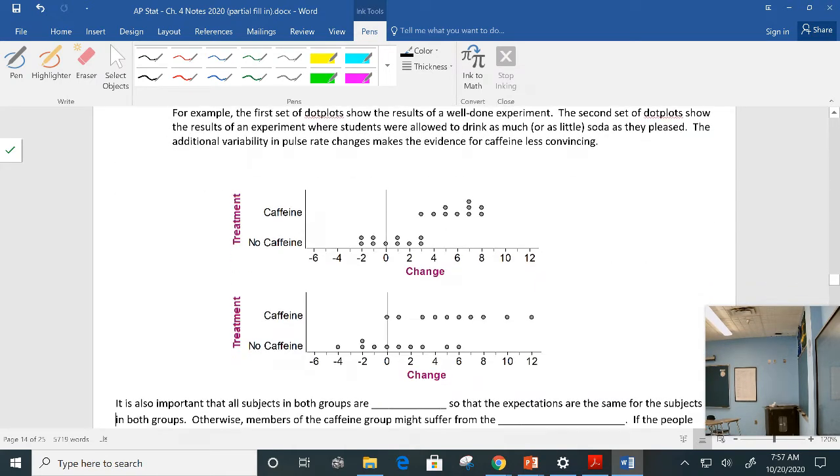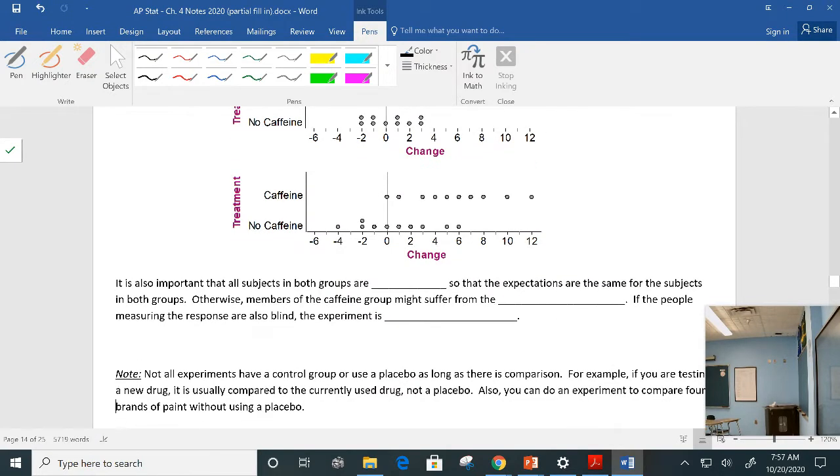One additional thing that you'll see in experiments is to make sure that your experiment is blinded or could be blinded.